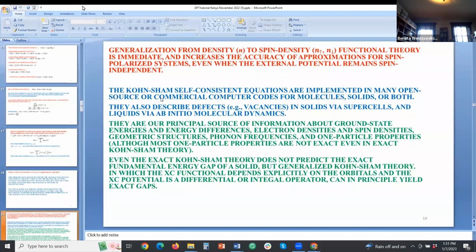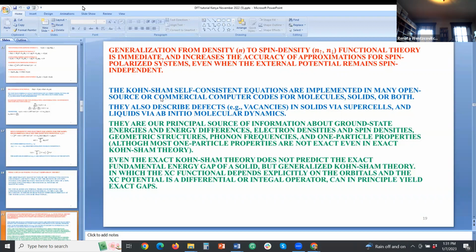And even in that case, if you make an approximation for EXC, you get better results from that approximation applied to the separate up and down spin densities than for that approximation applied to the total density.